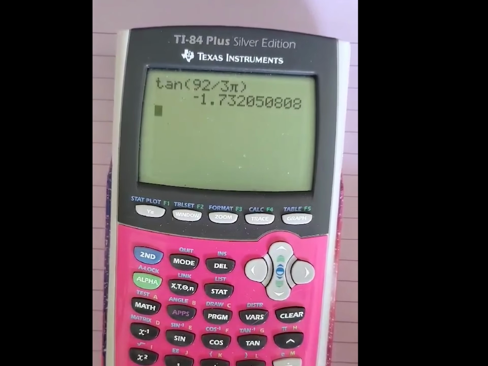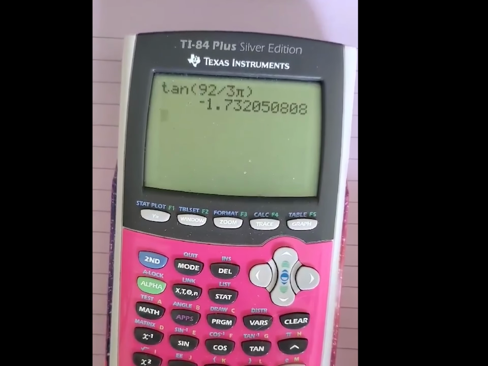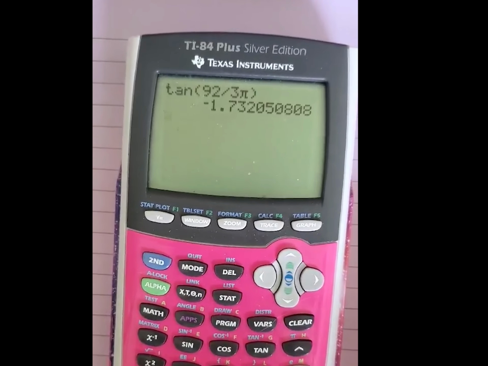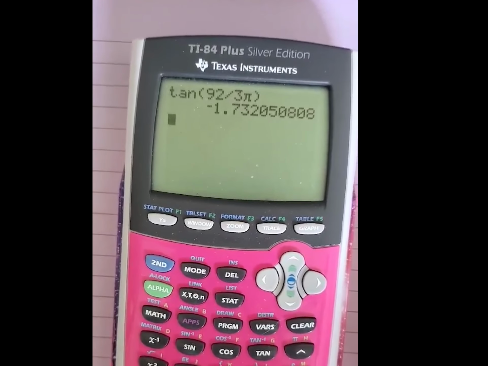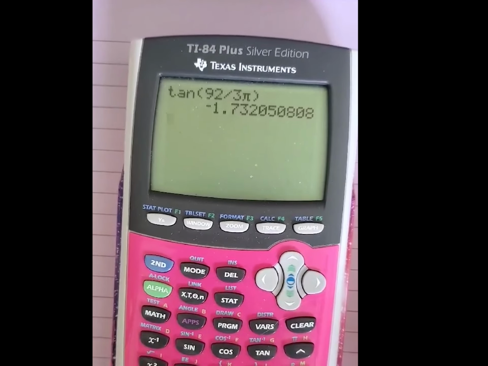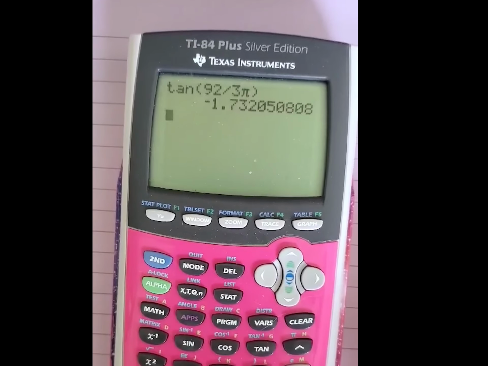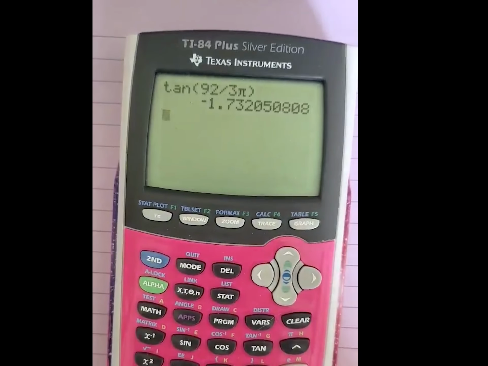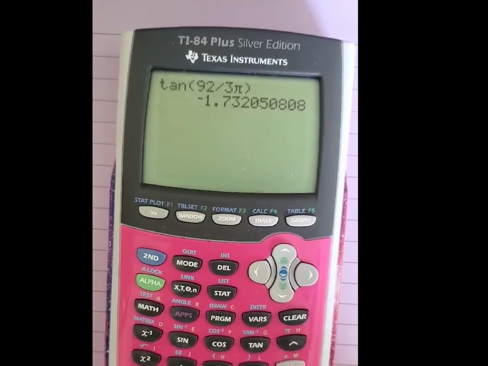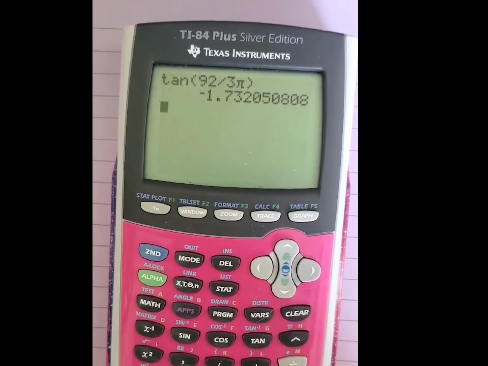It says negative 1.73. Now you might say, well, there's no negative 1.73 in my answer choices. Yes, but you can go down and plug in, and you'll see that negative square root of 3 is the same thing. So that's a much faster way to do that. You might want to practice solving for radian measure on your calculator.